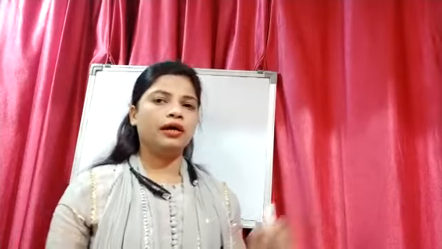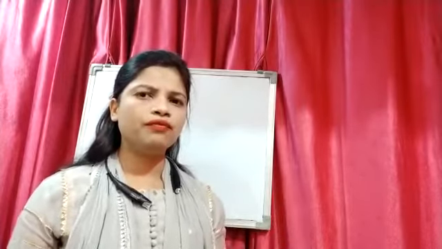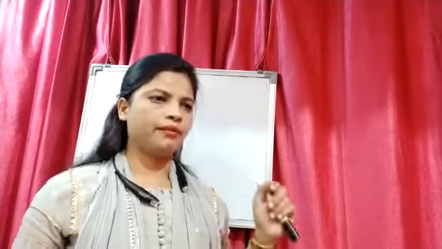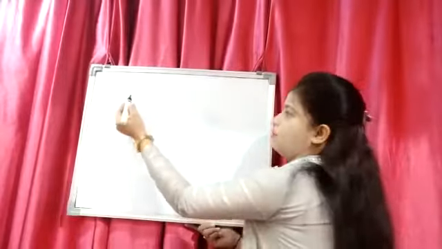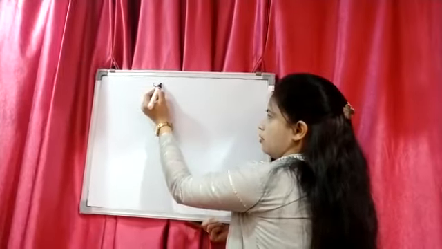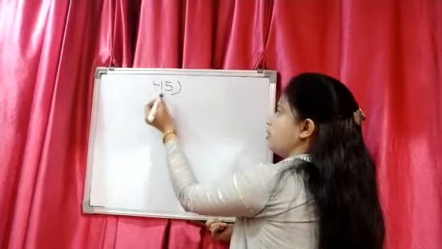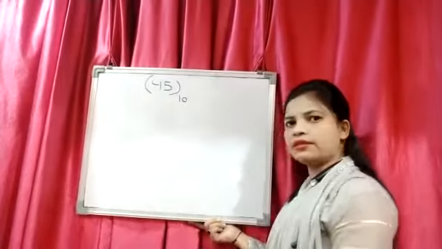So, let us take an example of decimal number 45. Decimal number 45 to the base 10. Look at here, students. Here the base is 10.